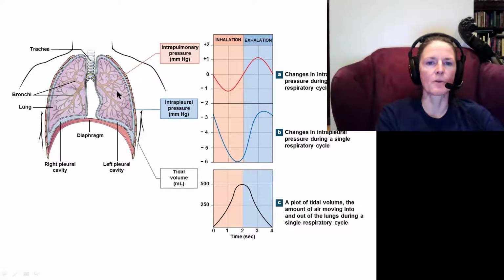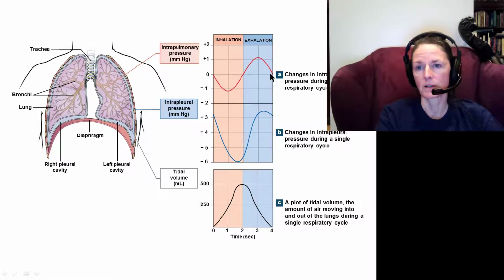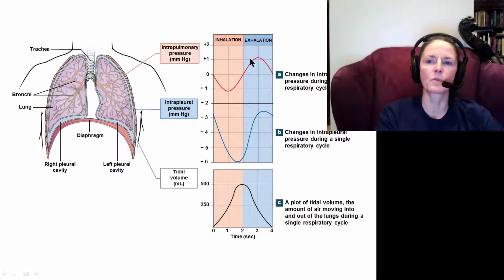And so this just summarizes our intrapulmonary pressure here and our intrapleural pressure. So our intrapulmonary pressure basically is going to range between -1 and +1. And this is during a single respiratory cycle. The intrapleural pressure, it's always a little bit lower than the outside pressure, so ranging somewhere between -2 and -6 typically during a single respiratory cycle.